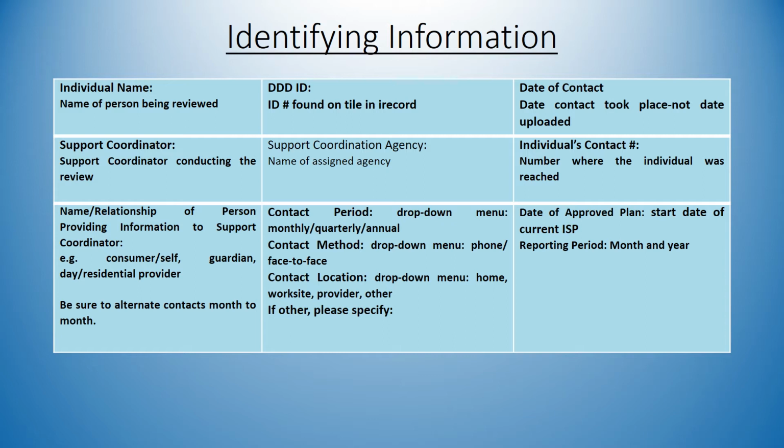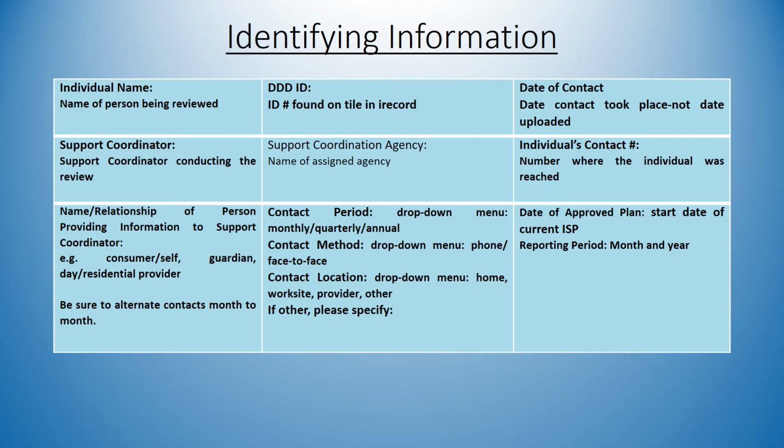The name and relationship of the person providing information to the support coordinator. This documents the person that the support coordinator actually spoke to complete the monitoring. This could be the consumer themselves, a guardian, or a provider such as a day program or a residential provider. Again, be sure that you're alternating contacts each month.